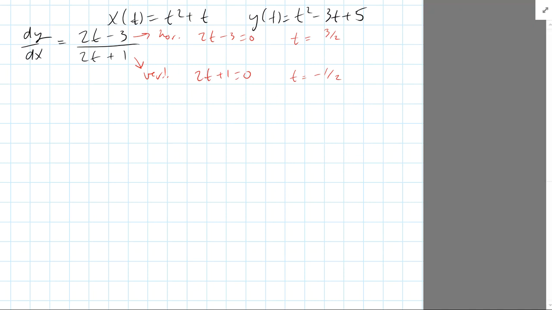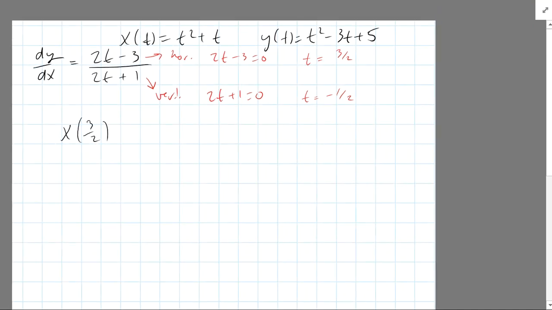Okay, so for this one, if I want horizontal, I need time is 3/2. So that means my x of 3/2 equals 3/2 squared plus 3/2, which is 9/4 plus, well, I can turn 3/2 into 6/4.